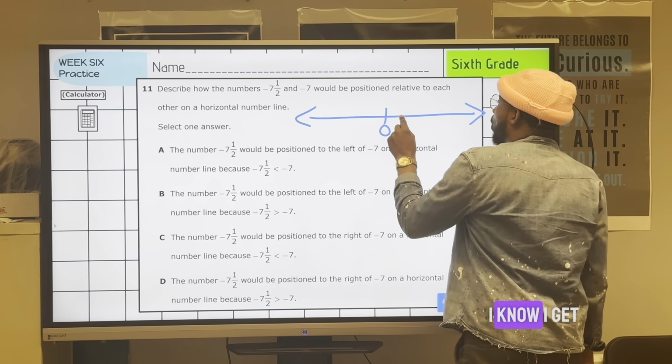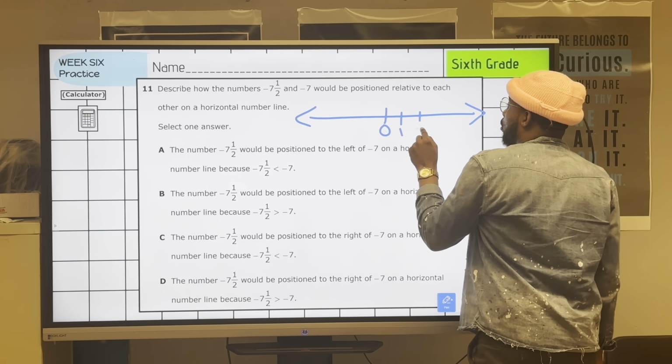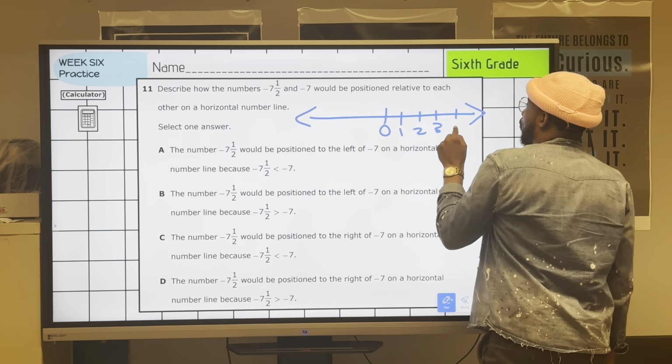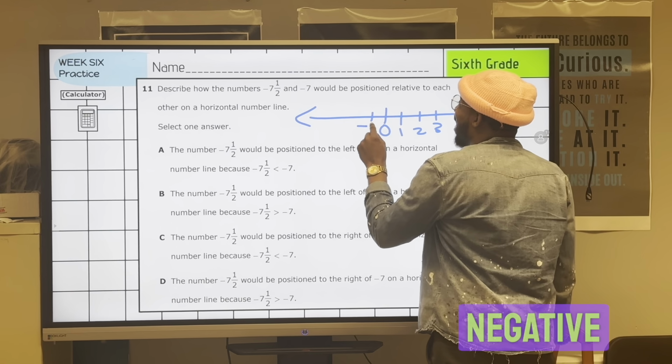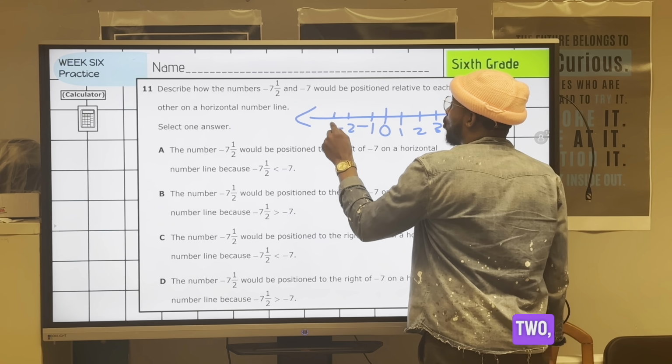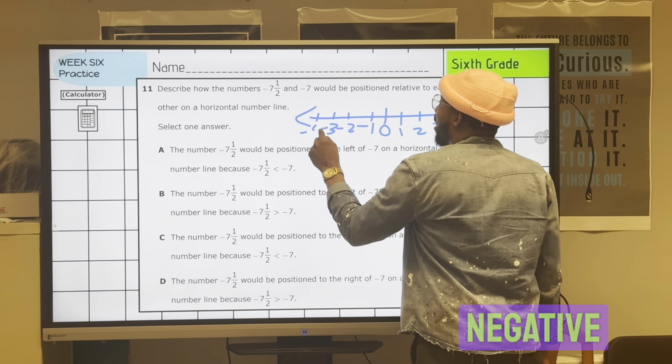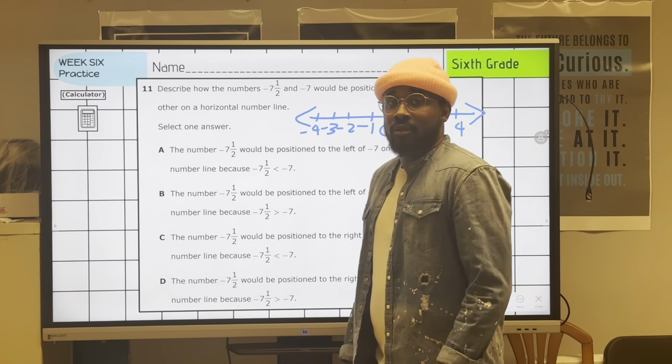And when I do that, I know I get 1, 2, 3, 4 on the right, and then I get -1, -2, -3, and -4 on the left.